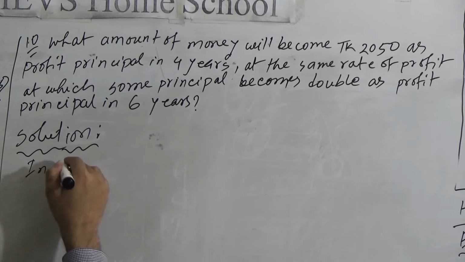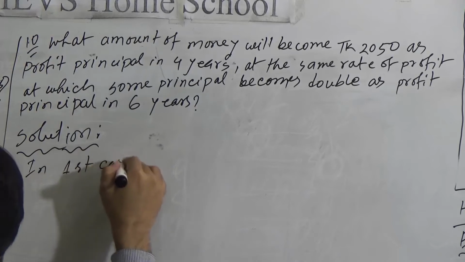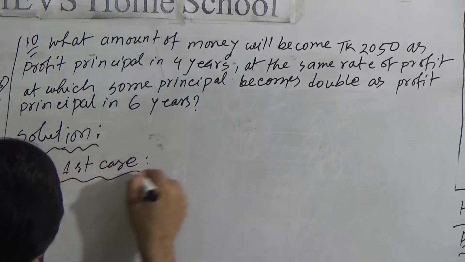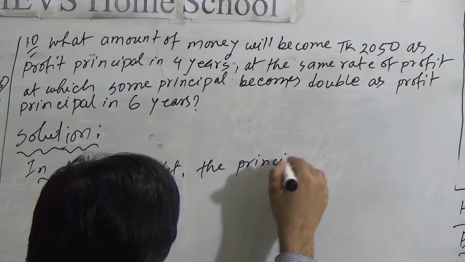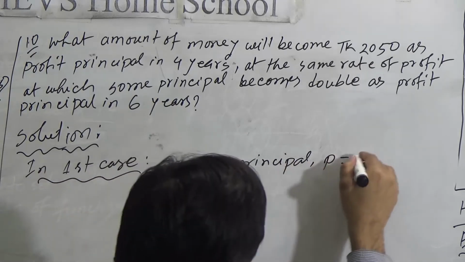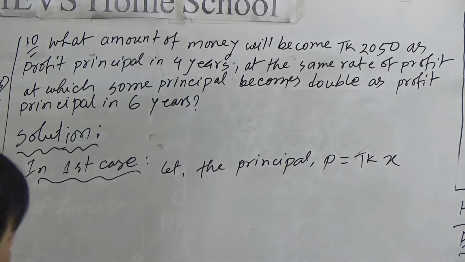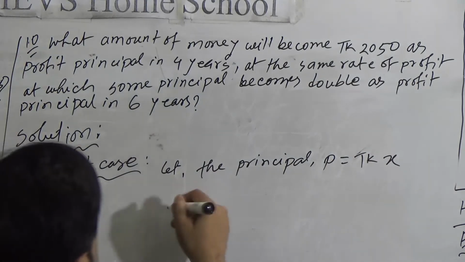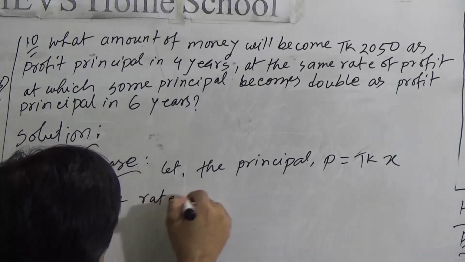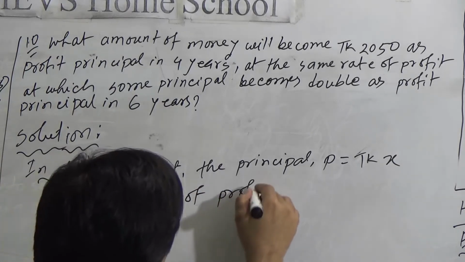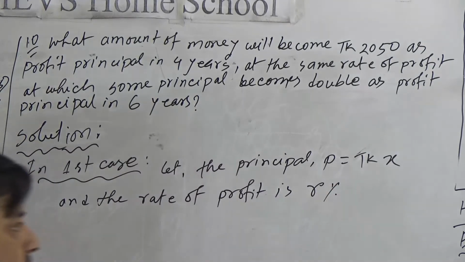So in the first case, we can write, let the principal P equal to taka x, and the rate of profit is R percent.